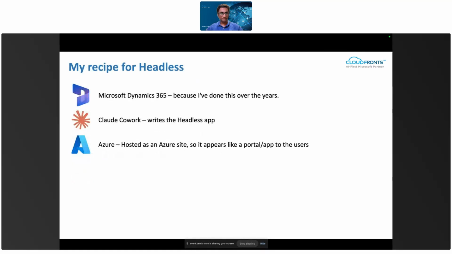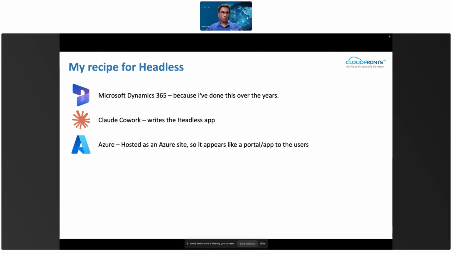Okay. So my recipe for headless is, we've been using Dynamics 365. Audience today joining, I'm assuming you're using Dynamics 365 or SAP or any other business applications, or ERP or CRM for that matter. It can be anything, and it can remain as is. Here I choose to use Cloud Cowork, given that we have other options like OpenAI, ChatGPT, Codex.